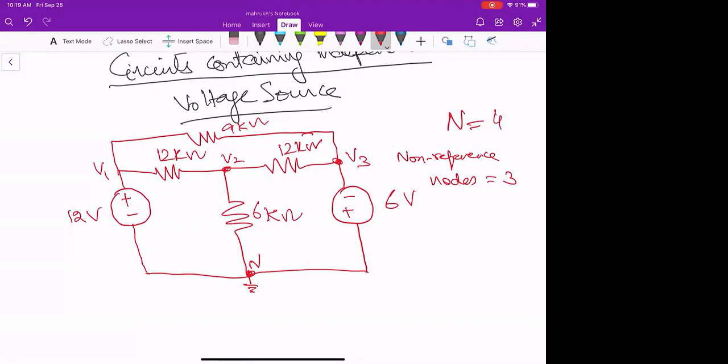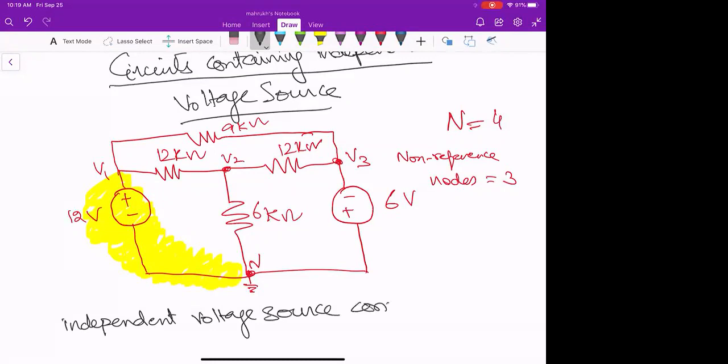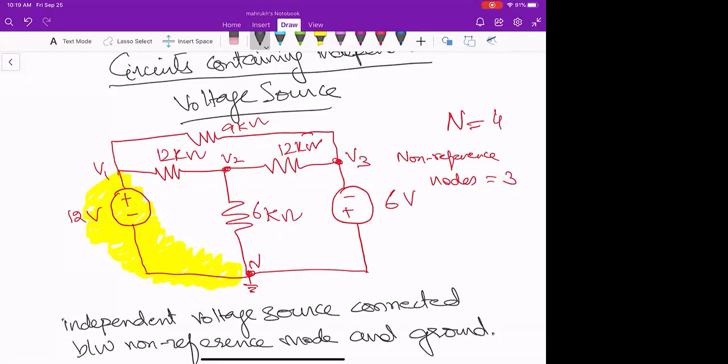So you can see that there is an independent voltage source that is connected between your non-reference node and the ground, right? In the case of V1. Ground, right?